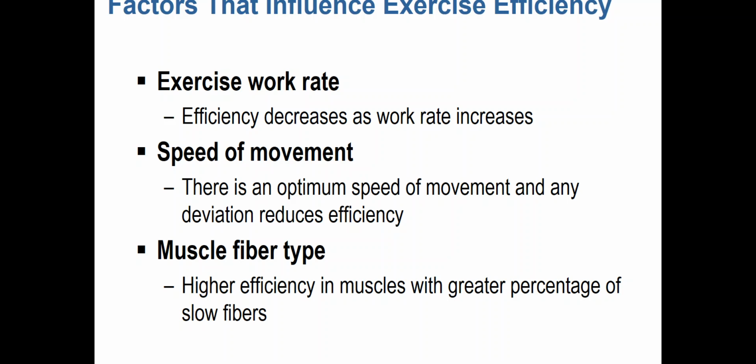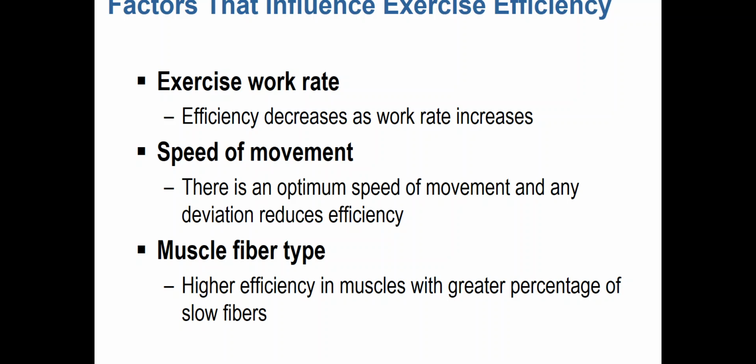Obviously, as your work rate goes up, as the exercise becomes more strenuous, your exercise efficiency is going to go down. As the speed of the movement increases and ultimately your power output increases, exercise efficiency is also going to be affected. And depending on the muscle fiber type, there are some fiber types that are more efficient than others.